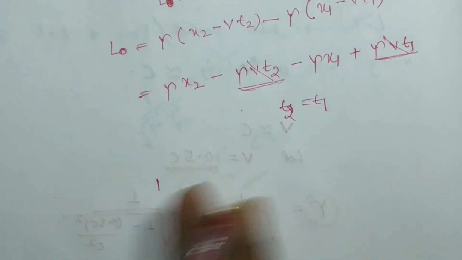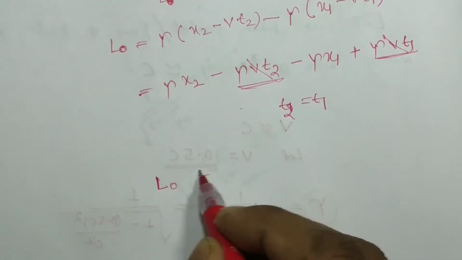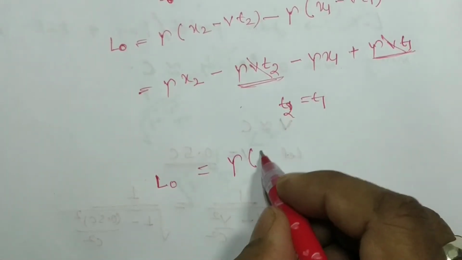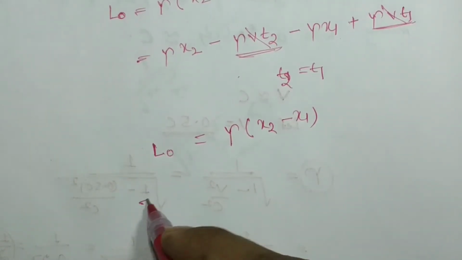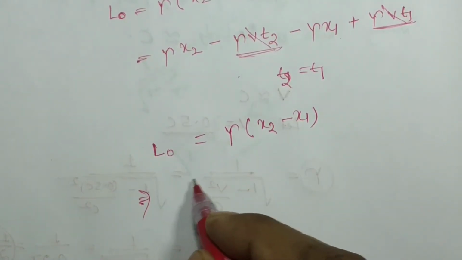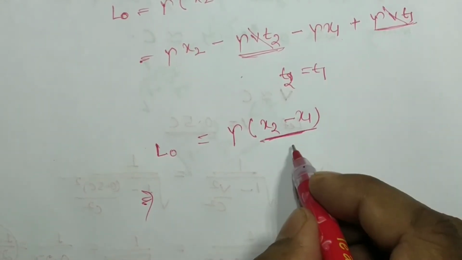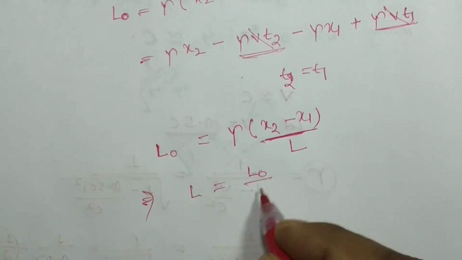So now, the L0 we found equals how much? Gamma into (x2 minus x1), right? So x2 minus x1 we have considered as L. That implies L equals L0 by gamma.